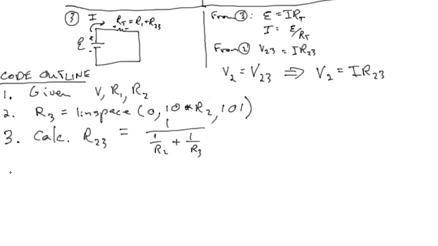I'm just trying to get the ideas across. That gives me 101 values of R23. Then RT equals R1 plus R23.